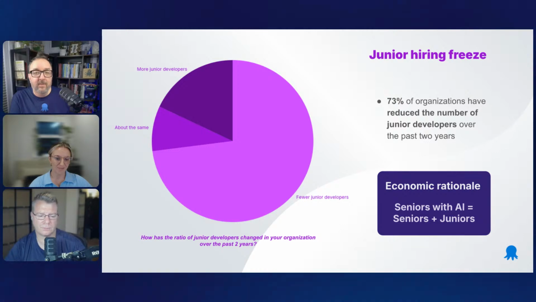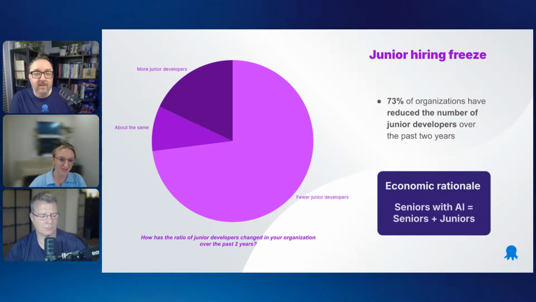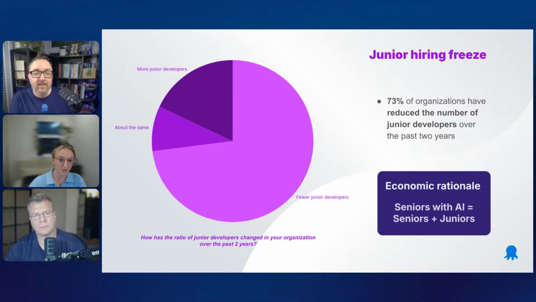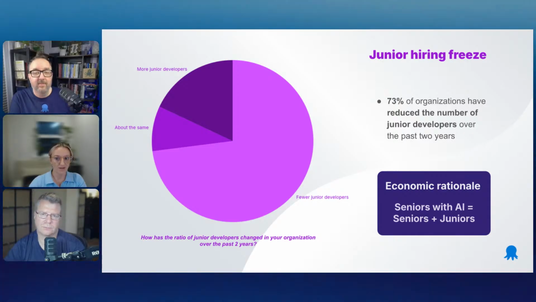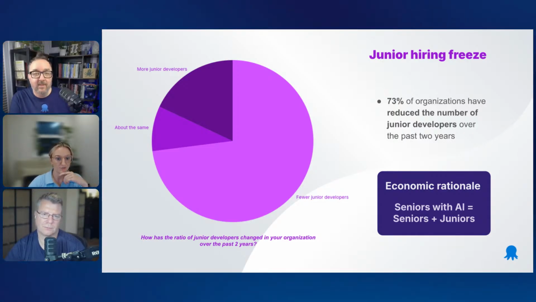Historical data suggests that this has happened before with the dot-com burst, where the reduction in junior hiring was drastic. Then a few years later, we all realized we needed those juniors, and there was insane inflation for senior developers.